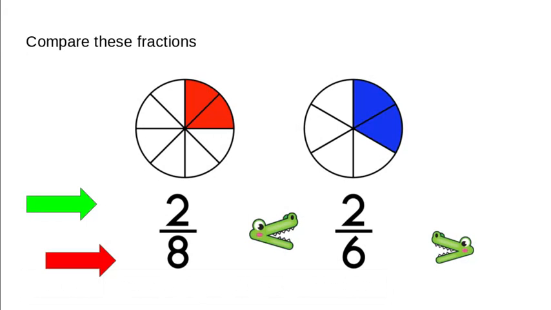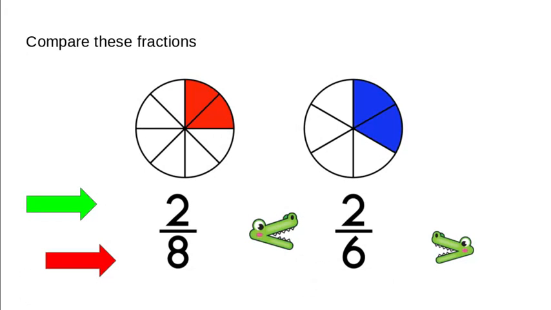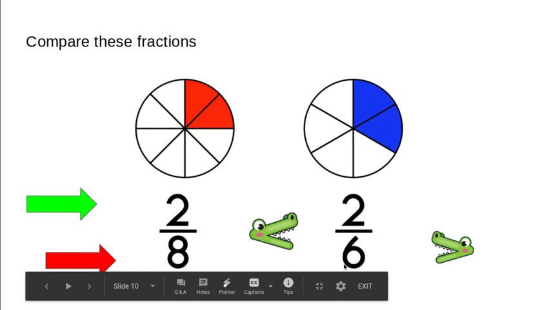All right, let's look again. I have my red arrow because I have 8ths and I have 6ths. So they're not the same denominator. But okay, what do I know about denominators? I know that if I have 6 friends, the pieces will be bigger than if I have 8 friends. That's what I know.